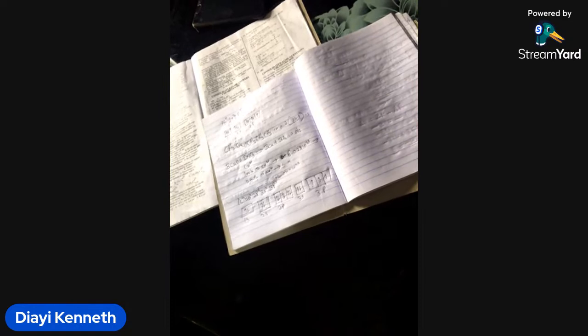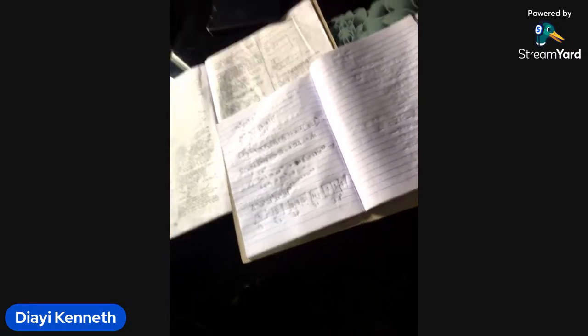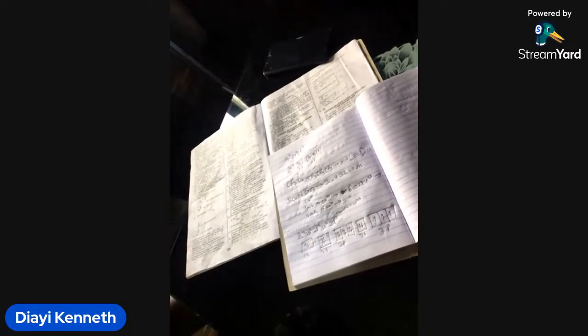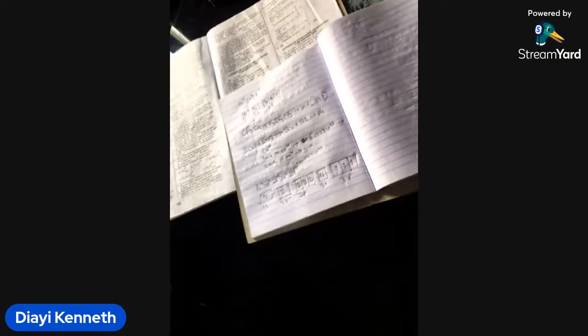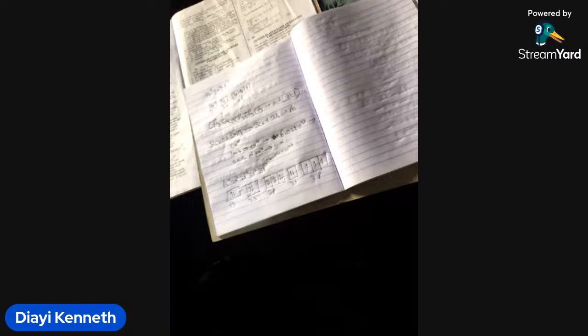Number 25. 8.0 gram of an element X reacted with an excess of copper(II) tetraoxosulfate(VI) solution to deposit 21.3 gram of copper.